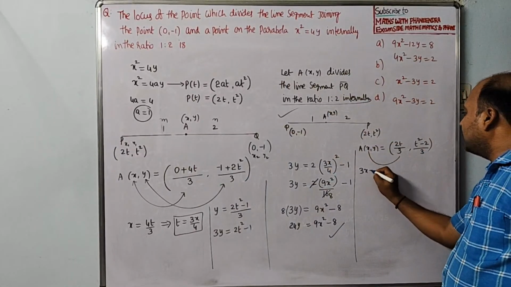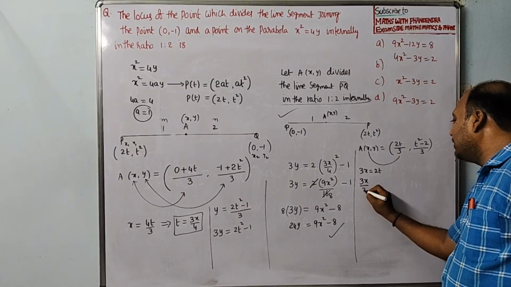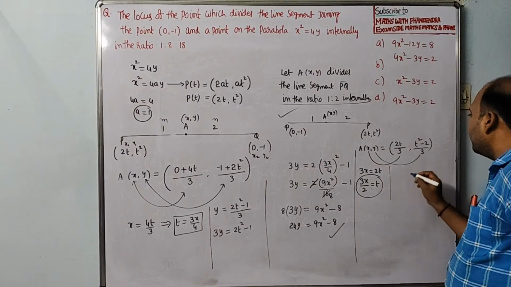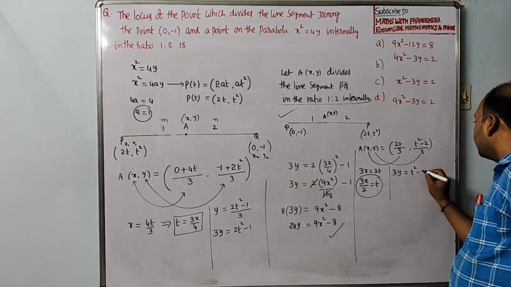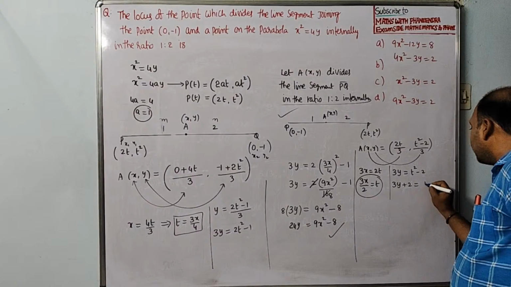So 3x is equal to 2t. So 3x by 2 is equal to t. Next, by equating y coordinates, 3y is equal to t square minus 2. 3y plus 2 is equal to t square.